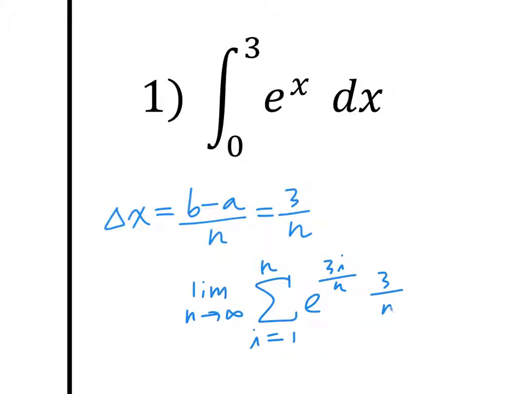Times 3 over n, yeah. Oh, 3 over n is multiplied? It's multiplied. It's not e to the 3 over n. It is, because you're changing the x part. Does that help? Is that exponent?